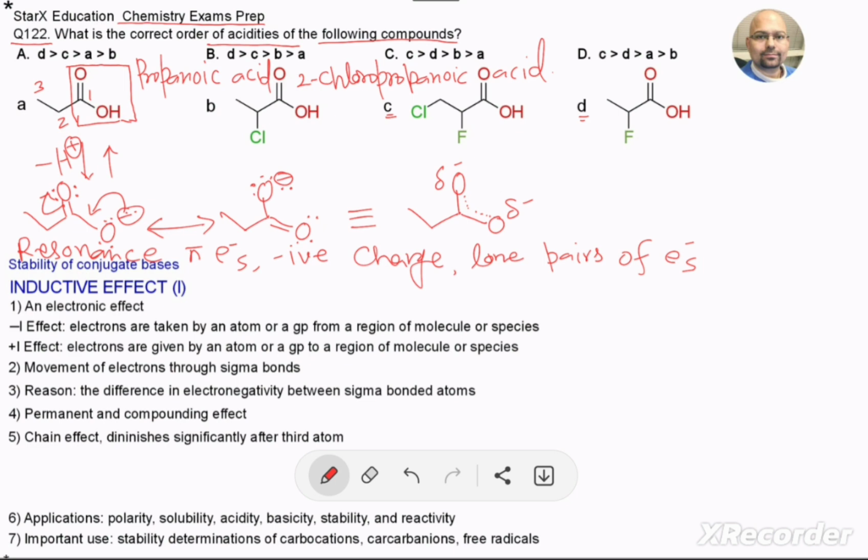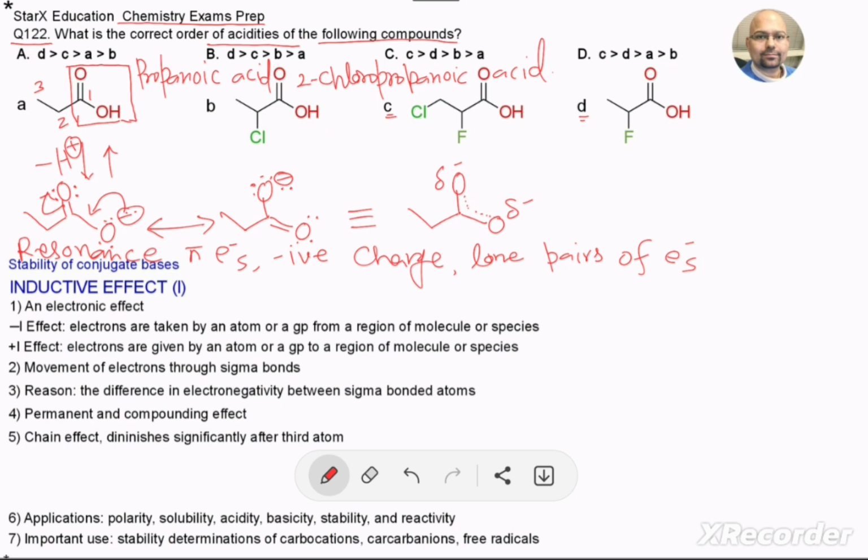And we know that when the charge is dispersed, the species becomes more stable. And that is the reason that carboxylic acids are more acidic than corresponding alcohols, for example. Therefore, there is resonance in carboxylic acids.